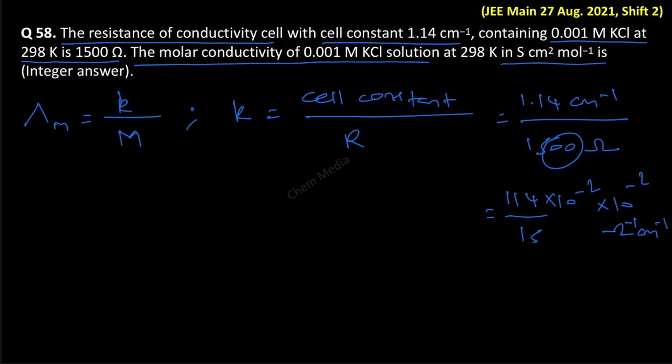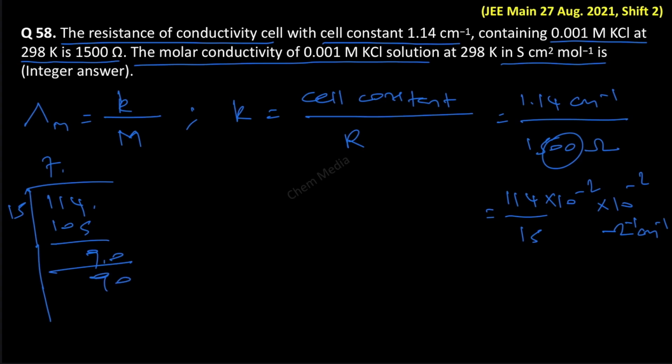Therefore let us first figure out 114 divided by 15. So 114 divided by 15, we can do it 7 times. So therefore 105, remaining 9 we can't divide, so put a 0 and raise it to the decimal, and now we can do it 6 times. So therefore this is equal to 7.6 times 10 to the power minus 4 per ohm per centimeter.